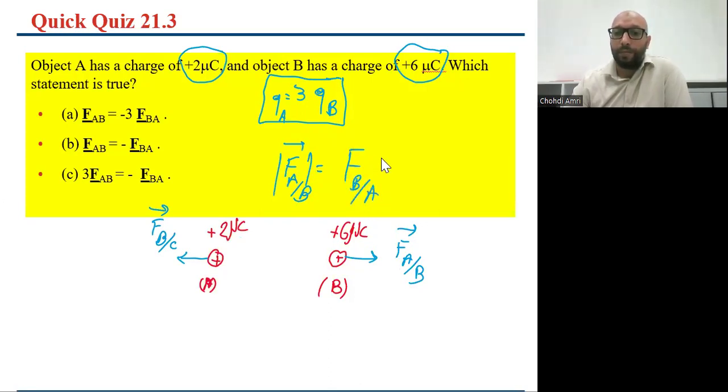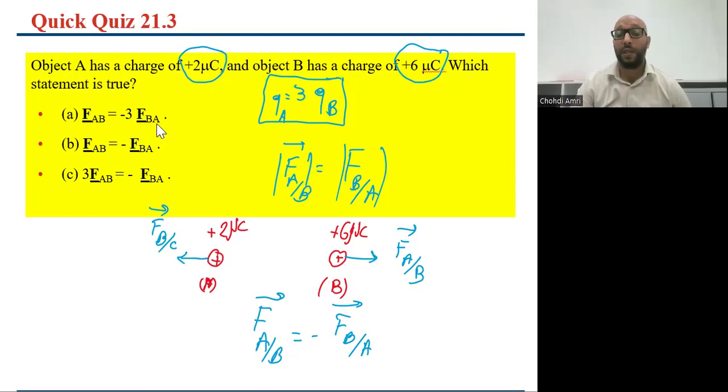As a vector, FA on B equals minus FB on A. So please don't be confused here. The question is asking about the forces, not the charges. When he's asking about the charges, of course, there is a factor between the two charges, but he's asking about the force. So the correct answer is B. They have the same magnitude.